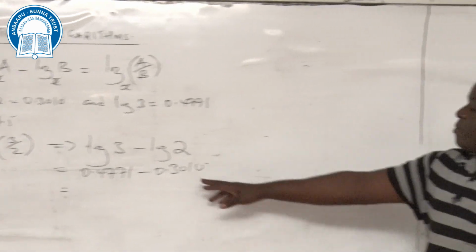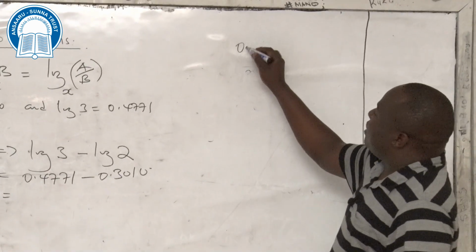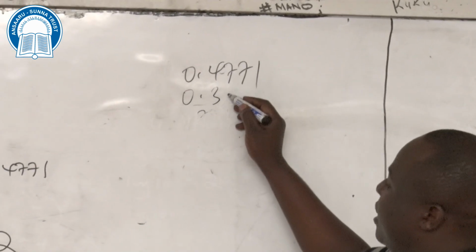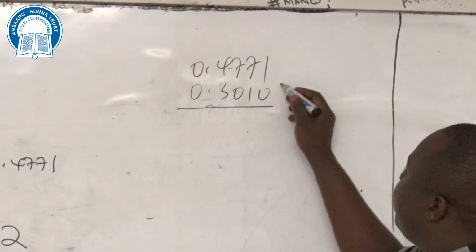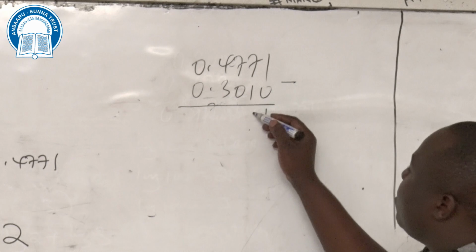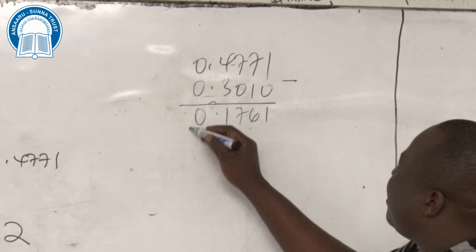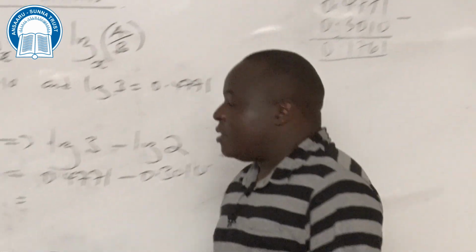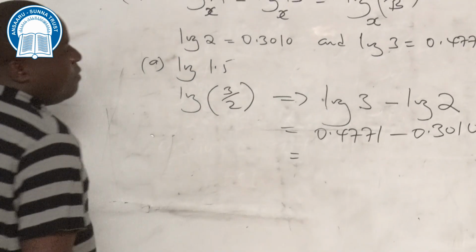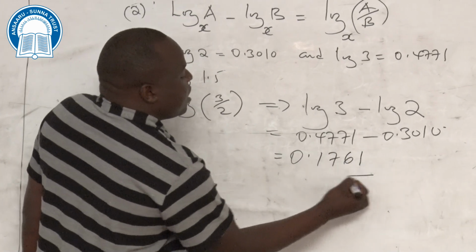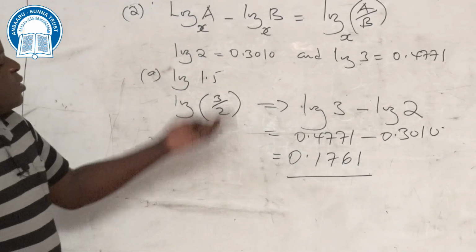If I subtract this, it's 0.4771 minus 0.3010, and the final answer should be 0.1761. So the value of log 1.5 is supposed to be 0.1761.